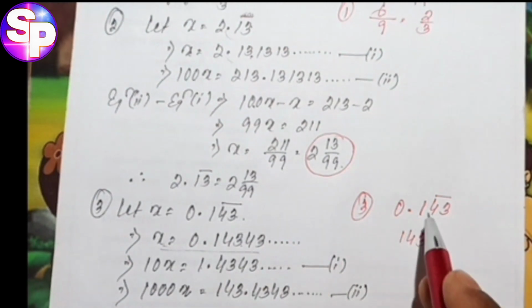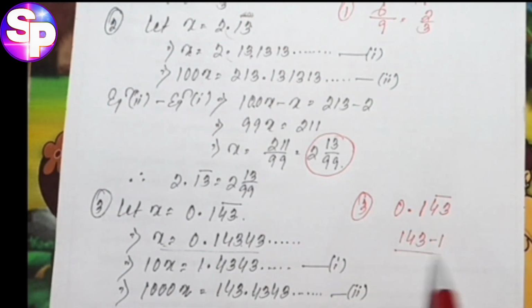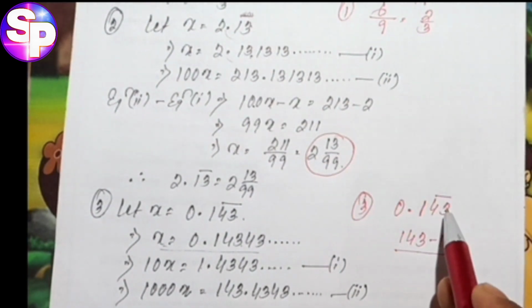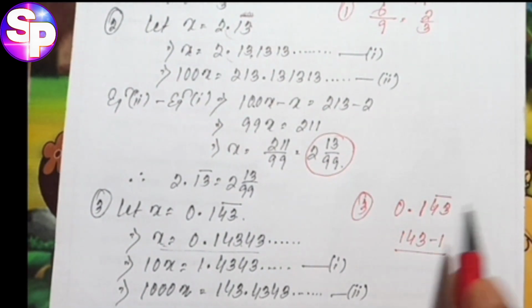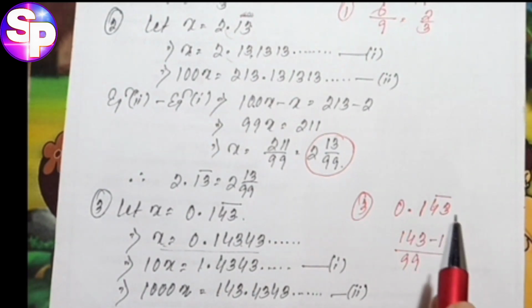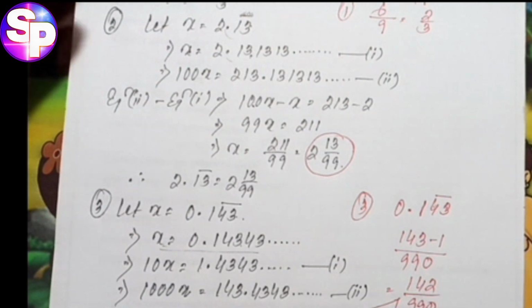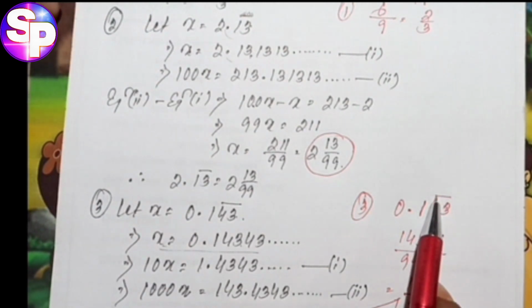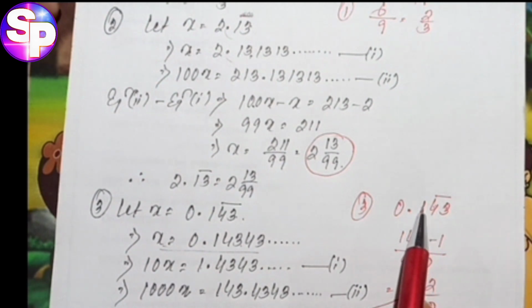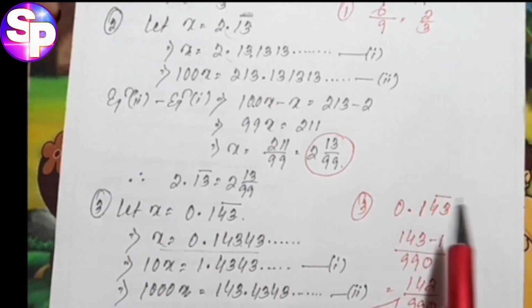So here 1 is not repeated, so minus 1, divided by, from the right side we need to check how many digits are repeated. 2 digits are repeated, so 2 nines, and for each non-repeated digit one 0, right? So this is the answer, that is 142 by 990. Again this one becomes the same, right? After converting to the lowest term we can find this answer, that is 71 by 495. Once again I am repeating, children, 2 digits were repeated, that's why 2 nines, and 1 digit was not repeated, that's why 1 zero, right? And since 1 digit was not repeated, 143 minus 1 was there.